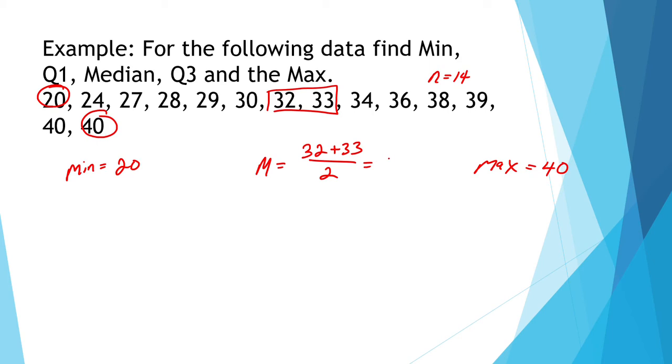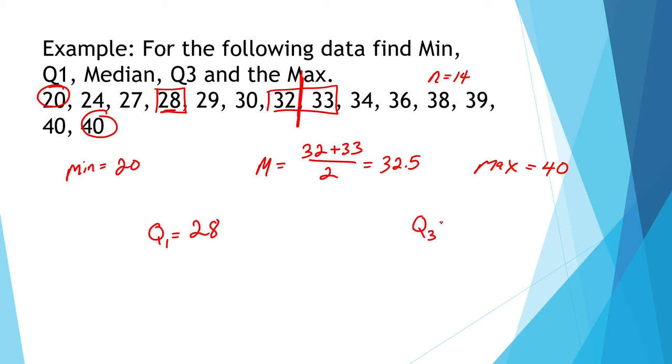So the median is 32.5. To find Q1, we have to cut the data in half and find the median of the first half. The median of the first half is 28. It is directly in the middle of the first half, so Q1 is 28.